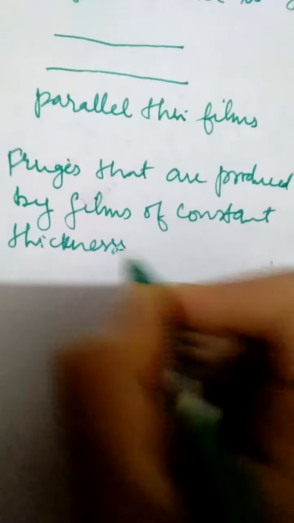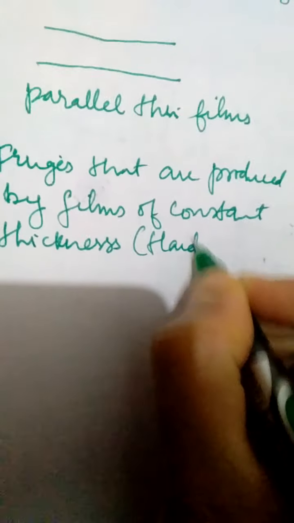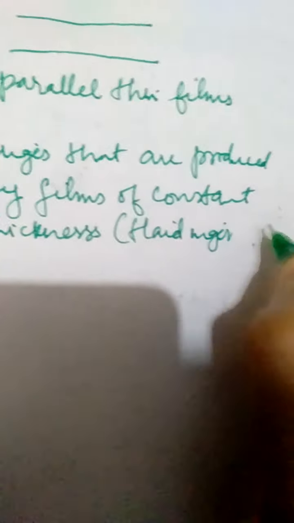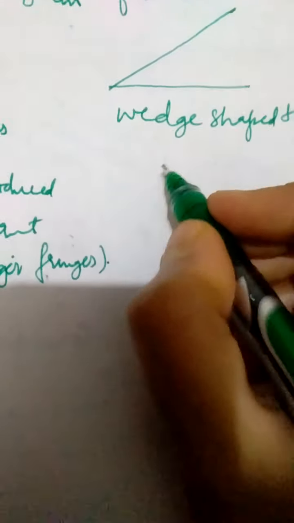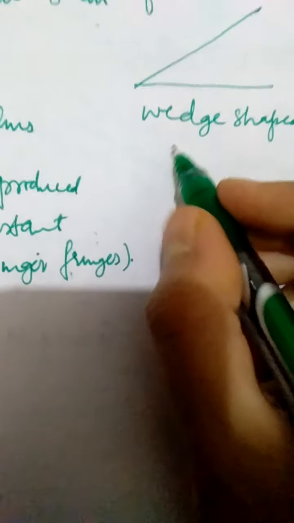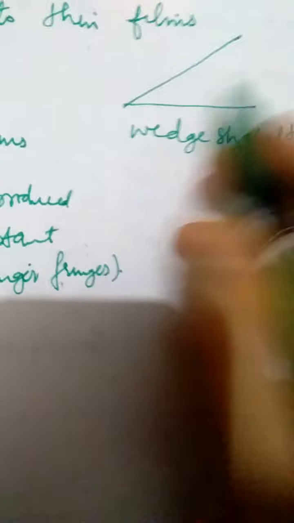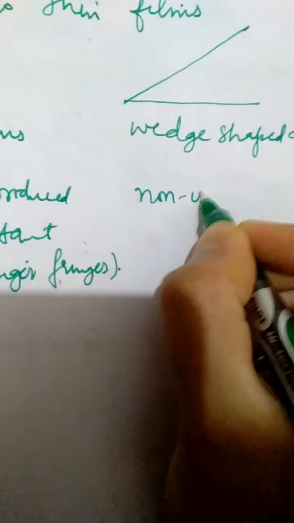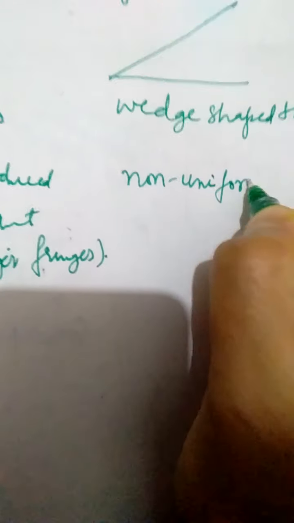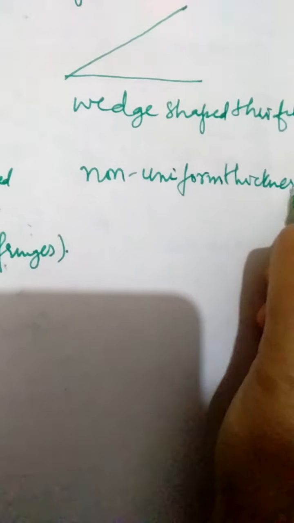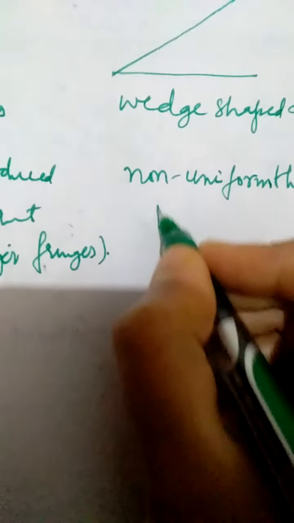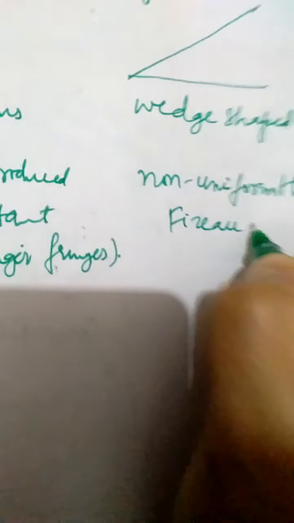They are called Haidinger fringes. And the fringes that are produced by the films of non-uniform thickness, like wedge-shaped films, they are called Fizeau fringes.